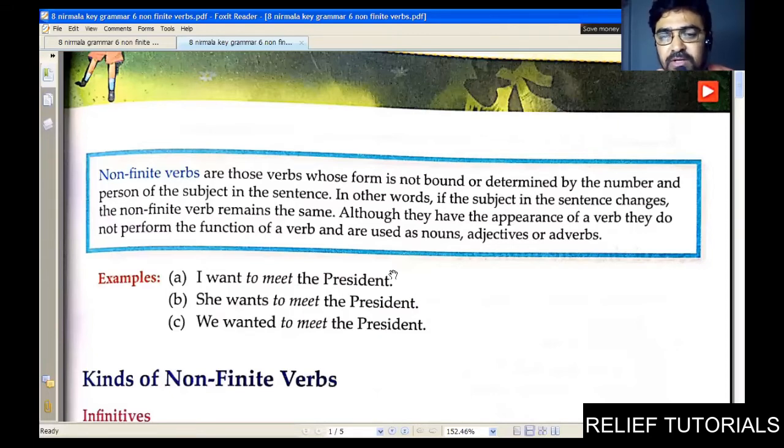In other words, if the subject in the sentence changes, the non-finite verb remains the same. Although they have the appearance of a verb, they do not perform the function of a verb. They perform the function of either nouns, adjectives or adverbs.